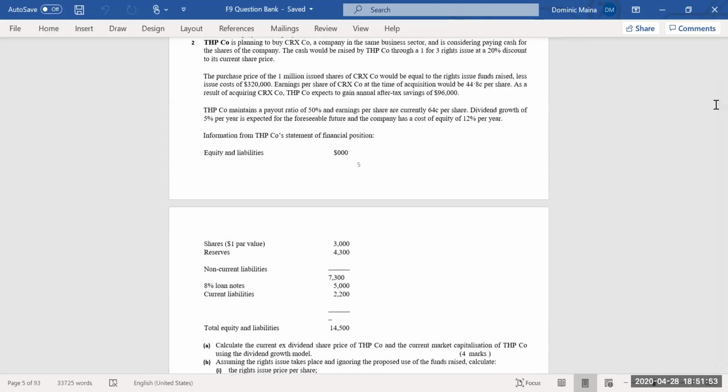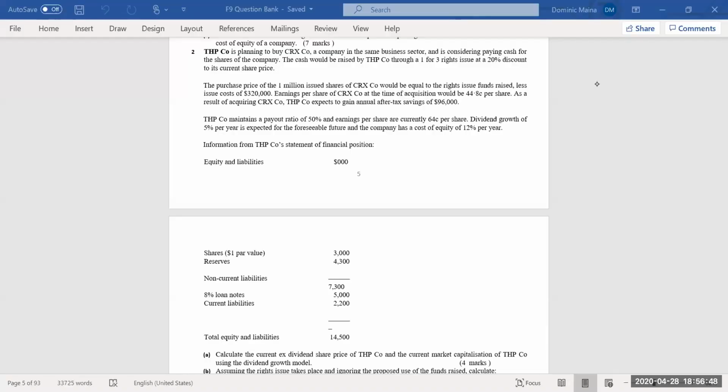Take maybe 2 minutes to go through the question. I presuppose that you have gone through the question and picked some things up.